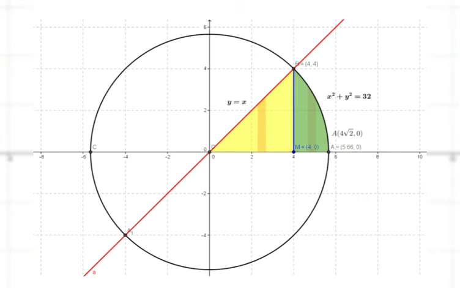So the calculations are here, which I'm going to show you now, and the integrals will look somewhat like these. So the first definite integral will be of this form.